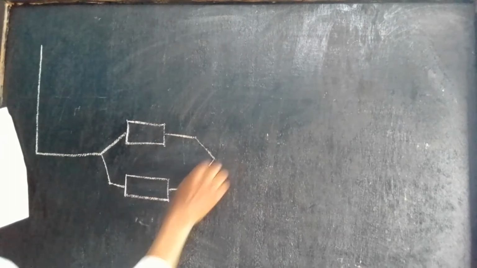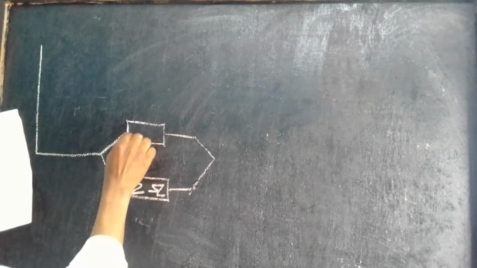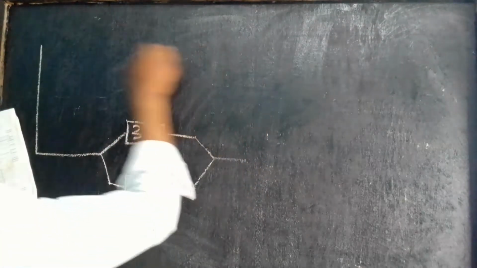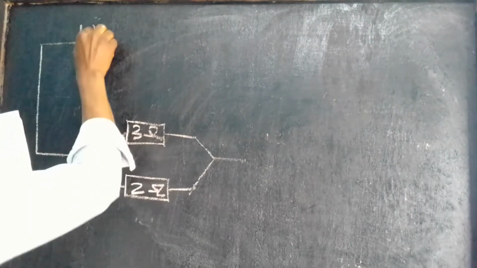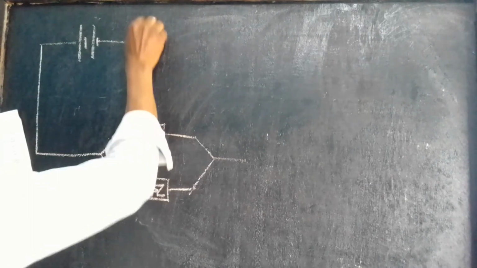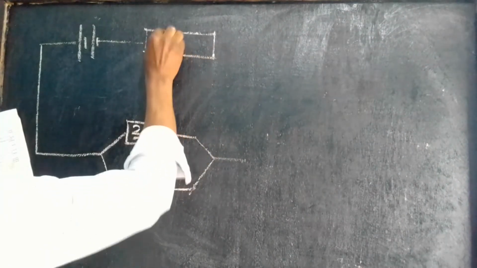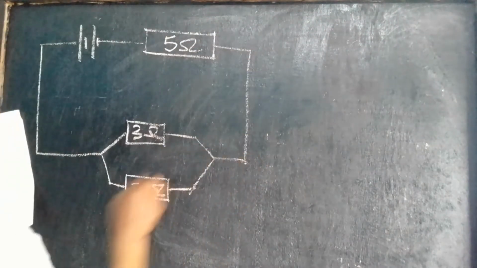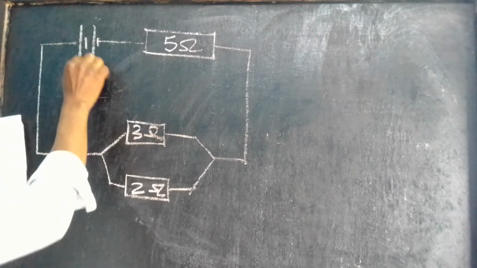This is a 2 ohm resistor. This is a 3 ohm resistor. It is connected to a battery, and then the battery is in series with a 5 ohm resistor, and this battery is a 6 volt battery.